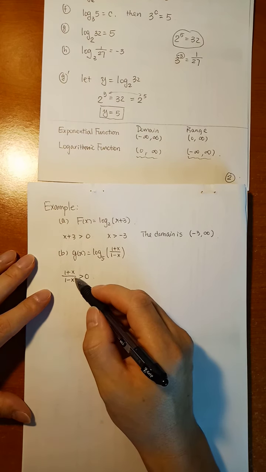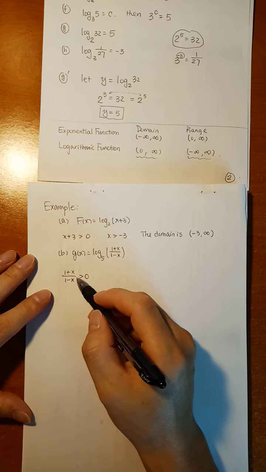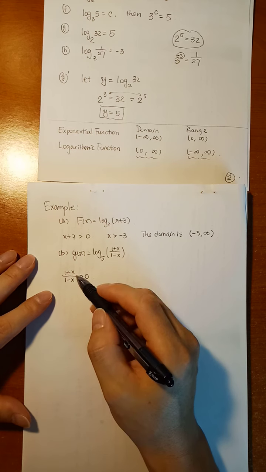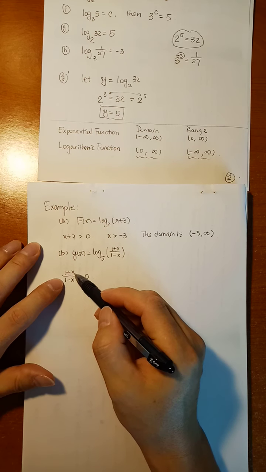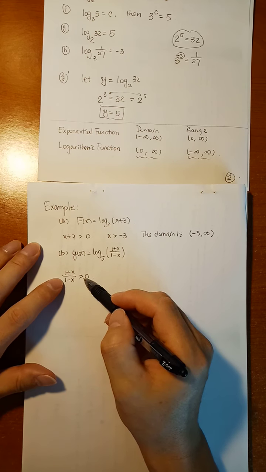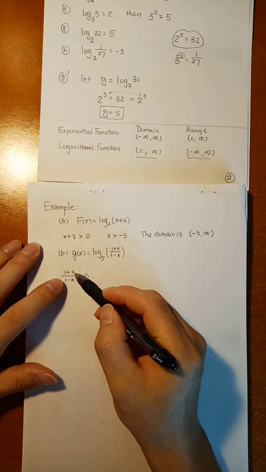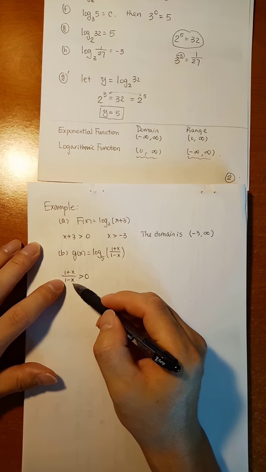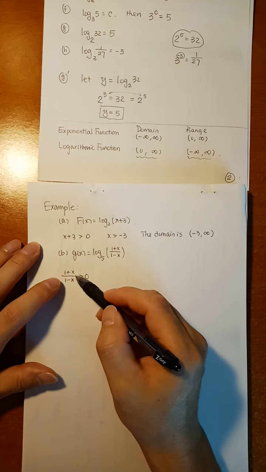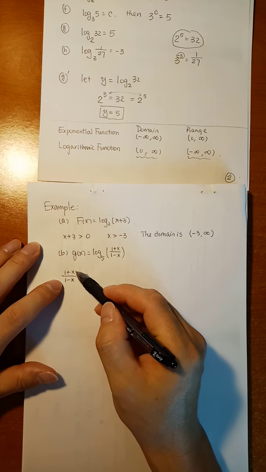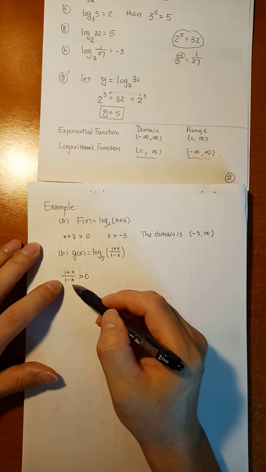Okay, so how do we get the solution? You have a ratio, and the ratio is positive, so possibly both numerator and denominator are positive, or both are negative, numerator over negative denominator is also positive.